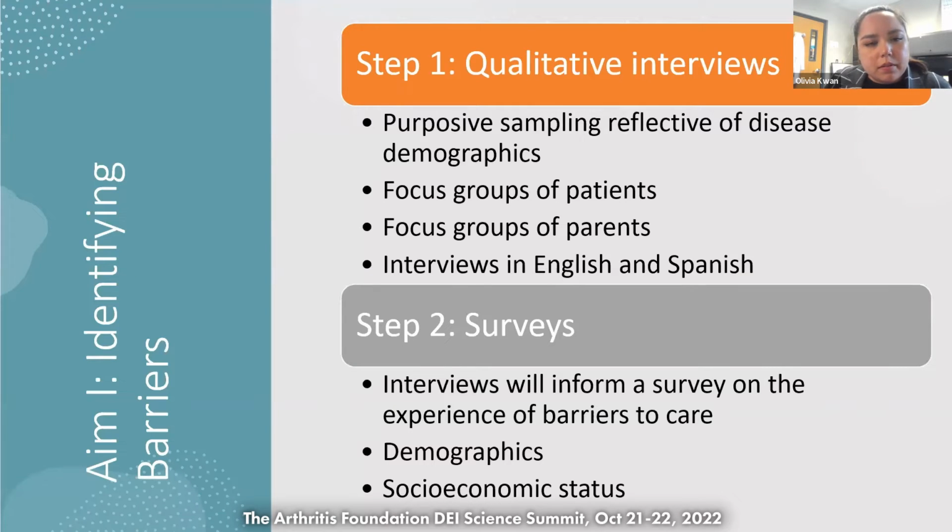Our second step of our first aim is to use a survey that's going to be informed by the interviews that we conducted regarding barriers to care, and we'll distribute this to a much wider group of patients. We also hope that surveys will help reach some patients who might be reluctant to participate in an interview format. And then we'll also be gathering some demographics and socioeconomic status measures.